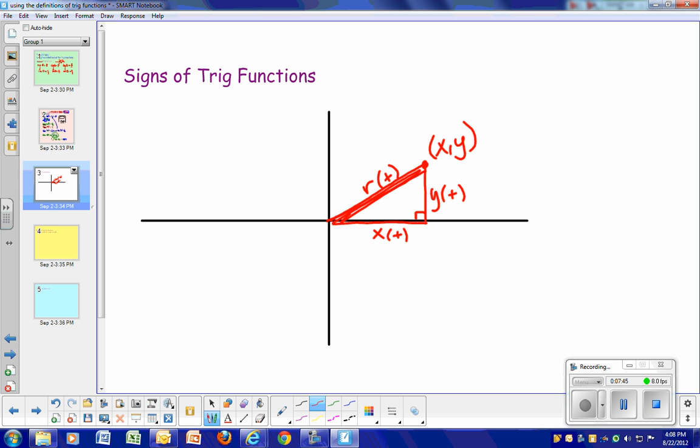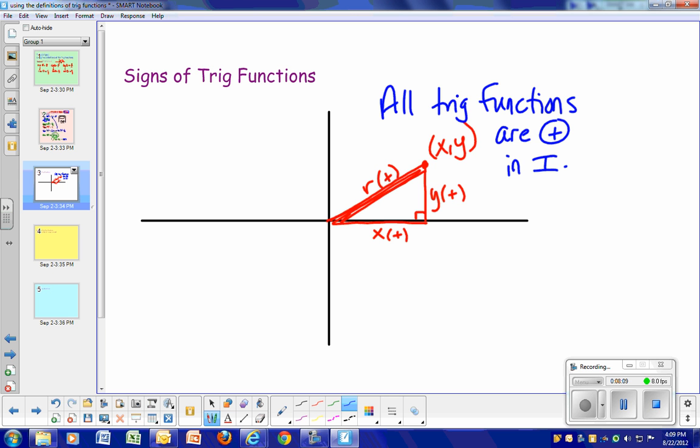So no matter what I do here with taking x over r or y over r or any of the trig relationships, I'm going to have a positive divided by a positive. And what is that? A positive. So all the trig functions are positive in quadrant 1.